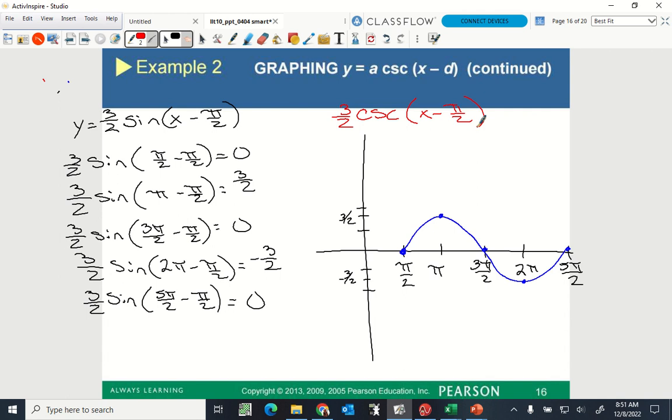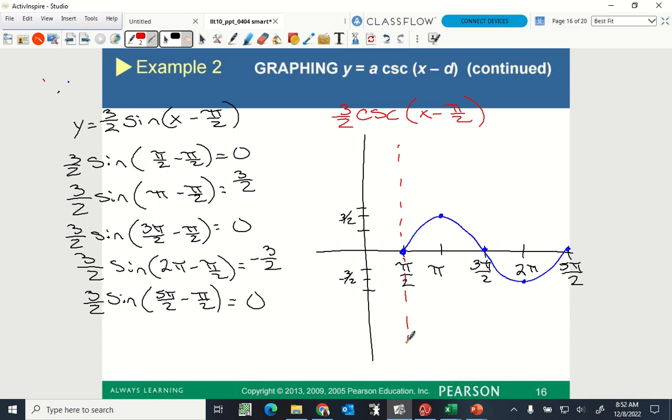If I plug in pi over 2, cosecant is the reciprocal of sine. Sine at 0 is 0 divided by 1. And the reciprocal, the cosecant of 0 over 1, is 1 over 0, which is undefined. So right here, we are going to get undefined.